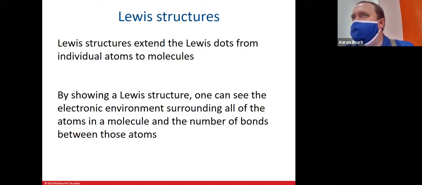How many bonds exist? How difficult is it going to be to break those bonds? What kind of physical properties are we going to have? Are we going to have something that is a high melting point, high boiling point, or is it going to be relatively weak? Is it going to be fragile? All of these things that we can derive based upon knowing what the 3-dimensional structure of a given molecule looks like.